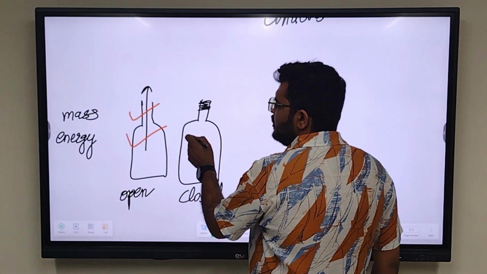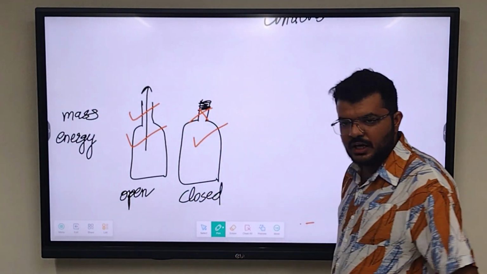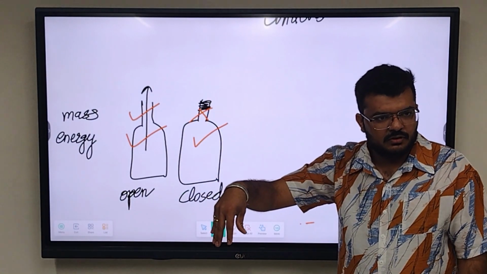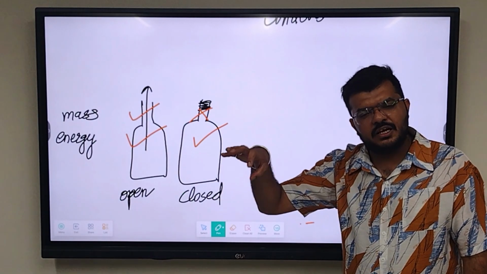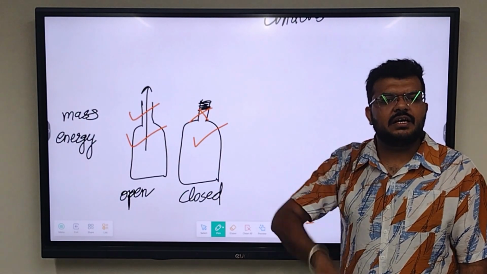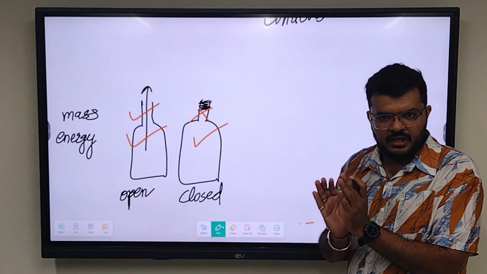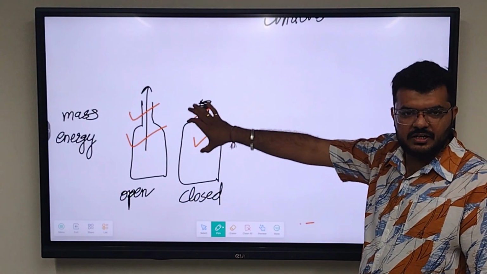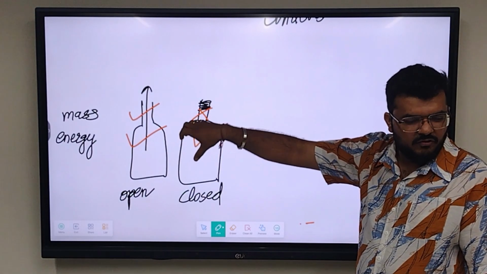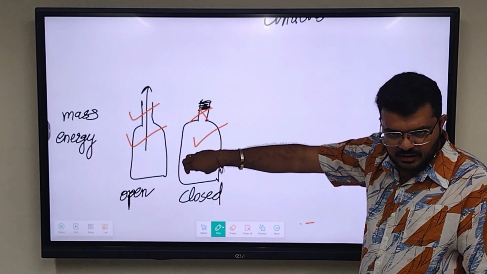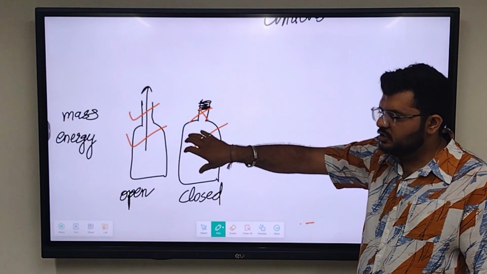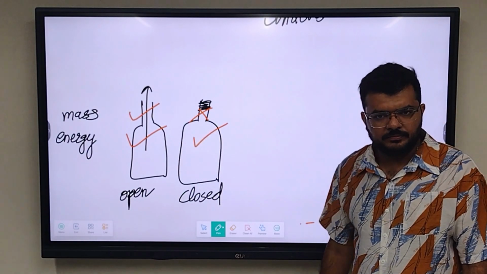Because although energy can transfer, mass cannot. I have closed the system. Any mass, any particles can neither escape nor get added to our point of interest, है ना? System मतलब the contents inside the bottle. We are interested in what is happening inside this bottle, right? So this becomes our system.